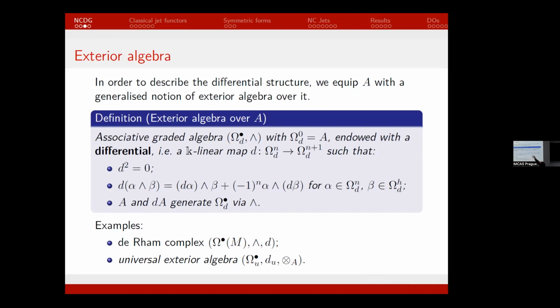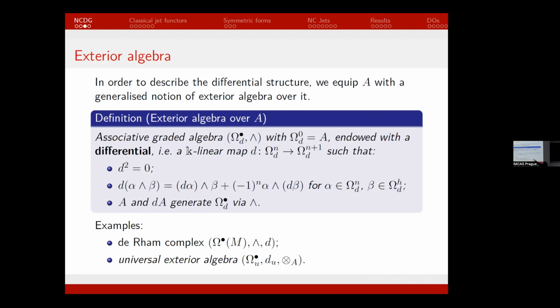So it increases the grade of the algebra. It squares to 0. It satisfies this graded Leibniz property, and it is generated by the algebra and the differential of the algebra. We call this particular axiom the surjectivity axiom because we'll see that it will induce some useful properties.